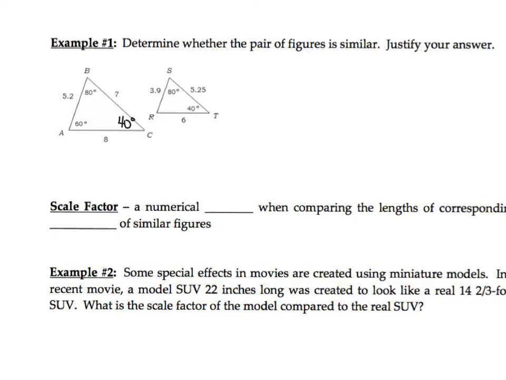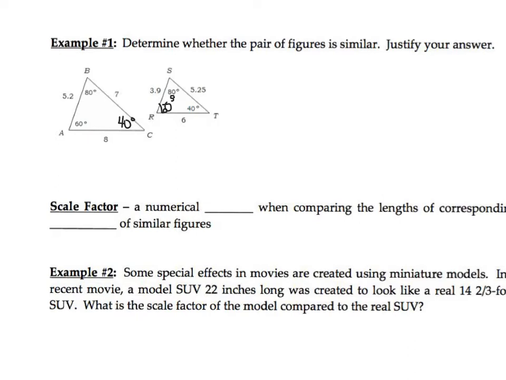Now in our second triangle, we have angles S and T, and we're just missing angle R. Same thing, the measure of the angles has to be 180 degrees. If I subtract 80 and 40, we get the measure of angle R is 60.